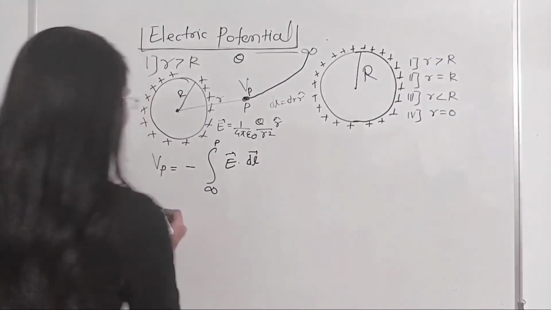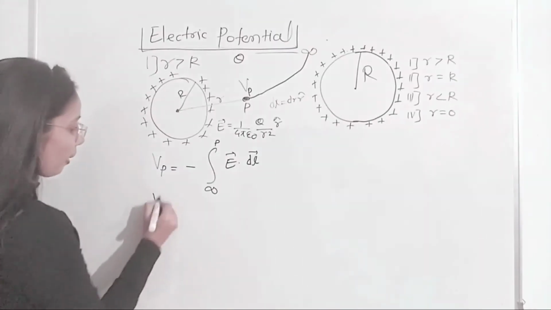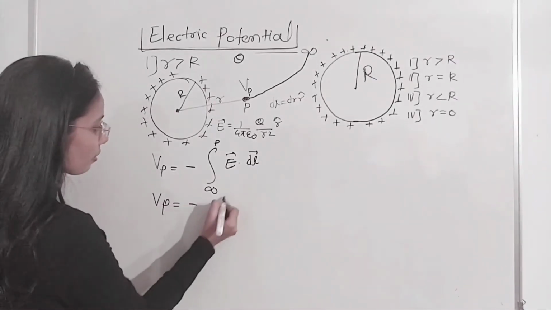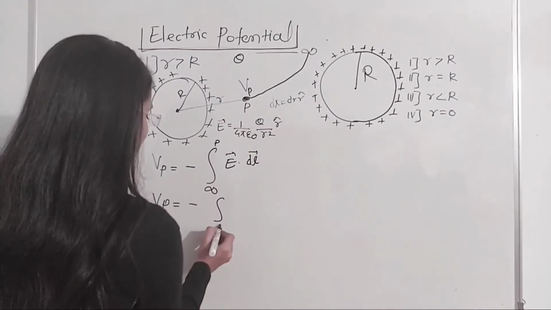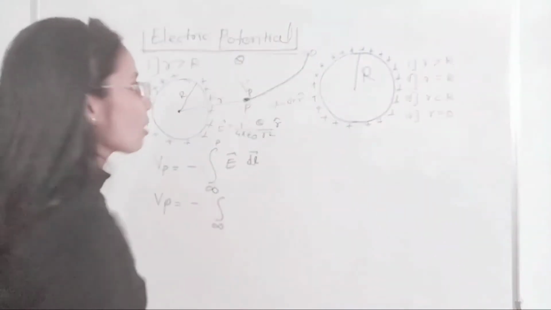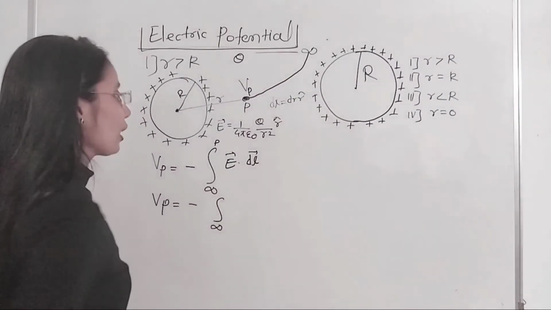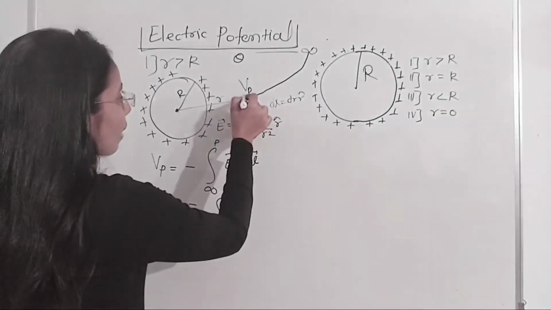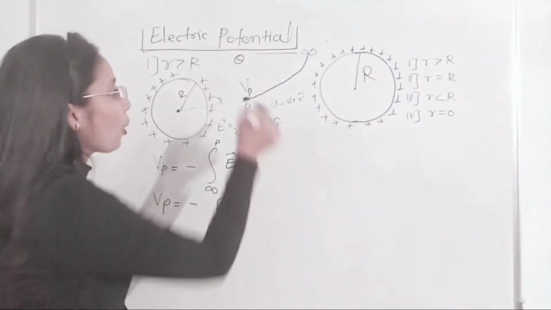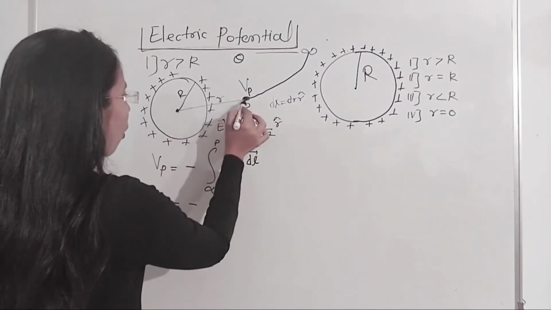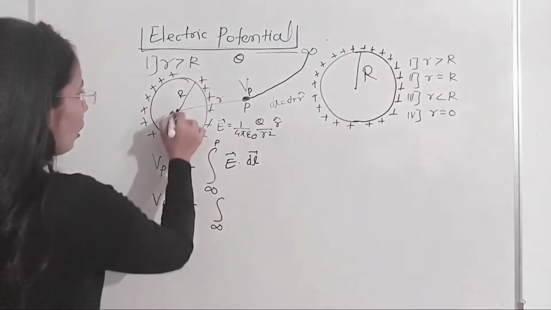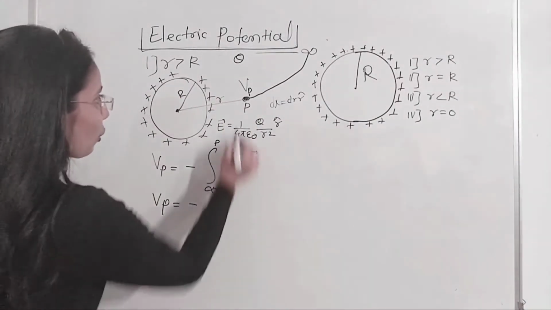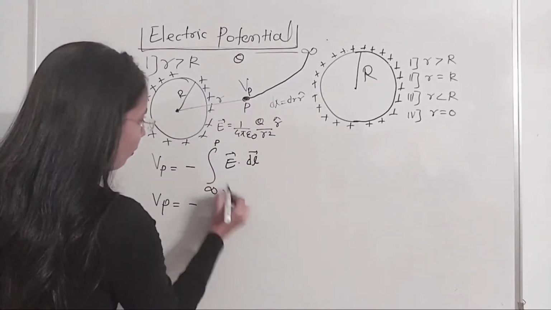So Vp is equal to minus the integral with limits from infinity to small r, since point P is at a distance small r from the center of the hollow sphere.